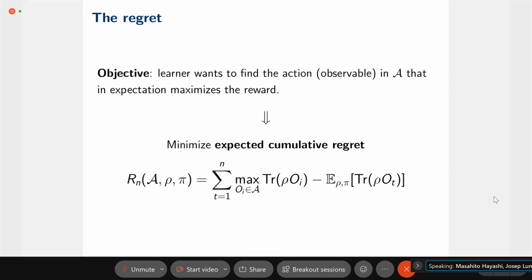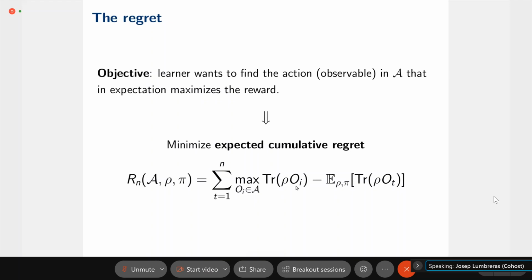Yes. So the objective of the learner is to find the observable that has maximum overlap with this quantum state. As you see here, the regret is just the relative loss between the best thing that you can do, so the best observable that you can pick, and the observable that you're picking at round t.